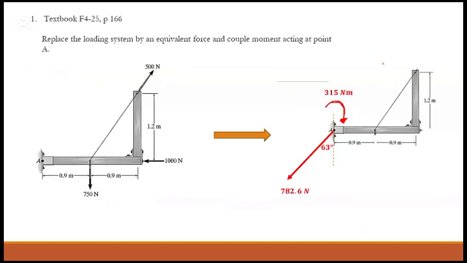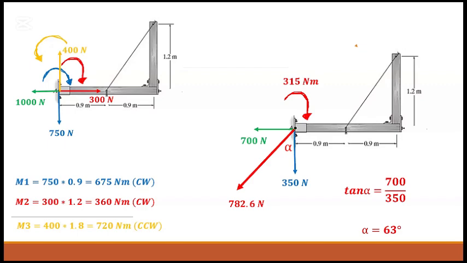So we have made the same thing. 315, how come I got 315? What moment did you get? I got 270. Let's do it again. So 750 times 0.9. Yeah. 300 times 1.2. Yep. 400 times 1.8. Yeah, that's what I got.